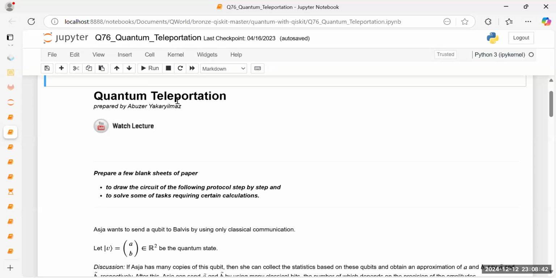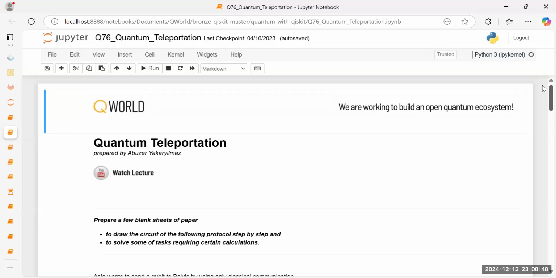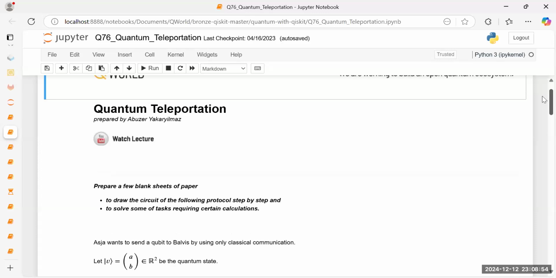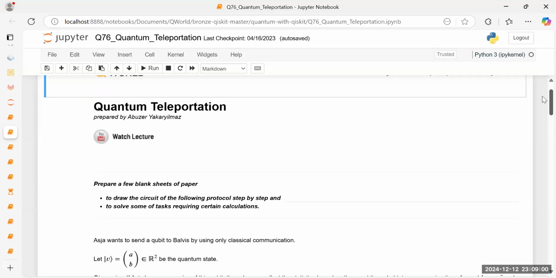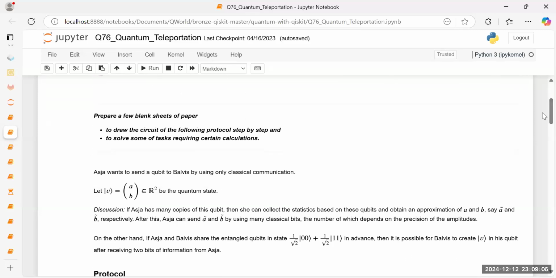So in quantum teleportation, we're actually going to instantly move quantum information from one state to another. But there are some caveats there, which we're going to take a look at.